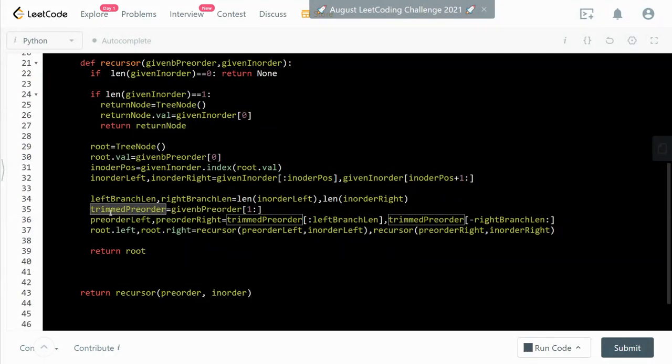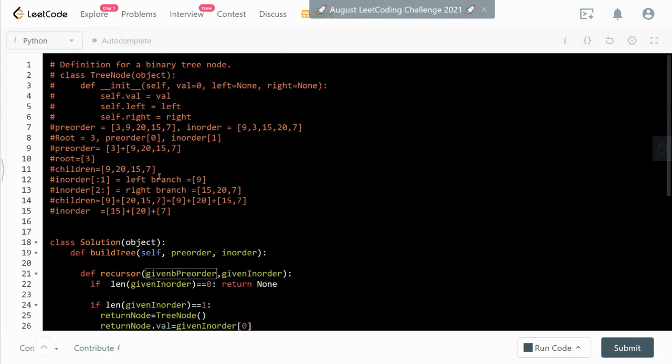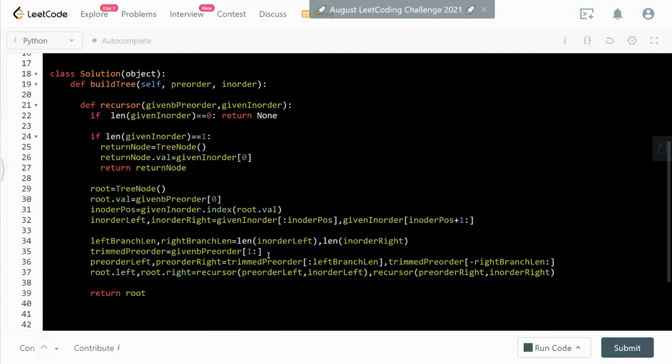And then we have the trimmed pre-order that is equal to the given order from the second element all the way to the end, and that's because the pre-order, after we grab this number 3, we don't need it anymore, right? So this is going to be the root node. We grab the number and then throw it out, and the remaining is what we are interested in. So that's why we only need to grab the second number all the way to the end.